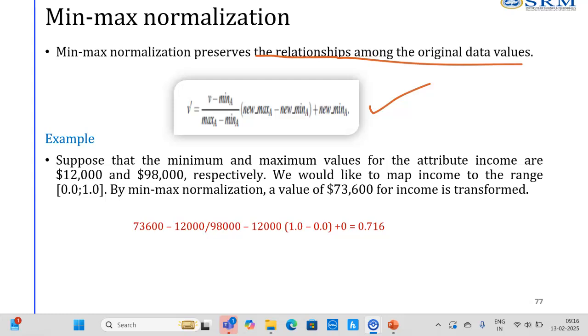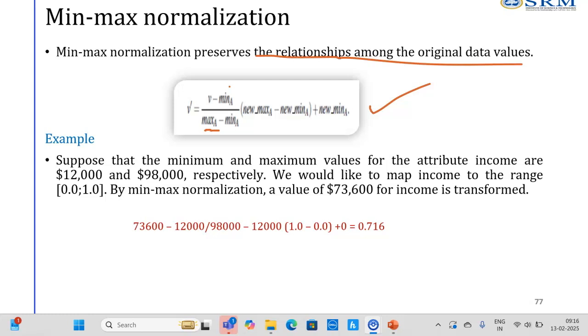Now let us see a problem. It's just a direct applicable problem. You are going to take the values and apply them here. This is sort of a 2 marks question. Suppose that the minimum and maximum values for the attribute income are 12,000 and 98,000.